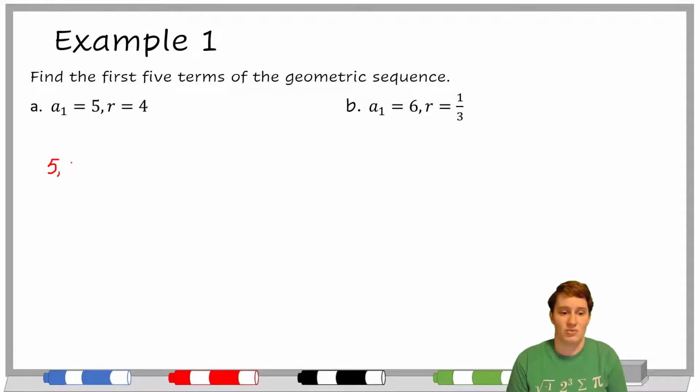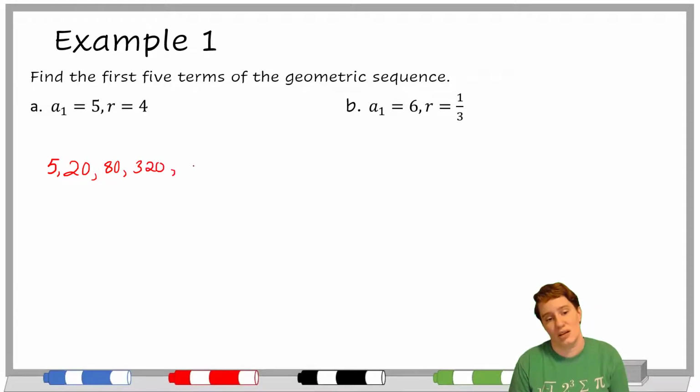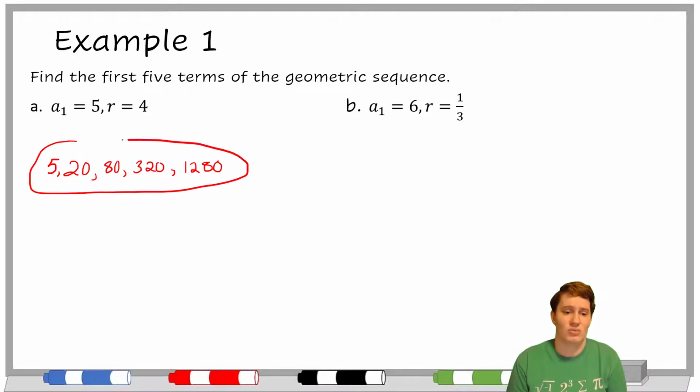So 5 times 4 is 20. Times 4 again is 80. Times 4 again is 320. Times 4 again is maybe something I don't want to do in my head. No, it's fine, 1280, I think. I feel pretty confident about that. That should be the first 5 terms. It's just multiplying by 4 to get each of the next terms.